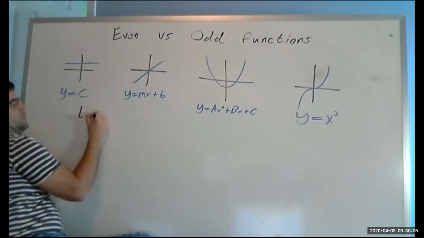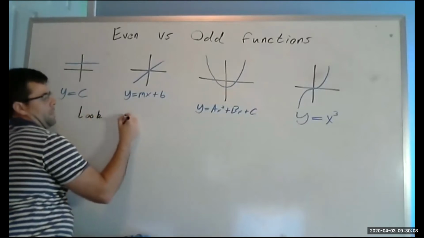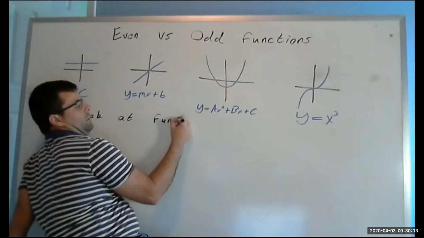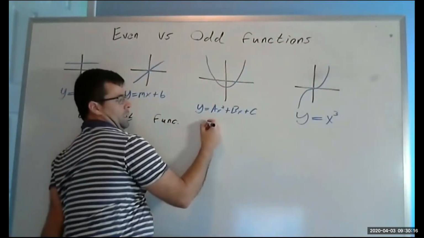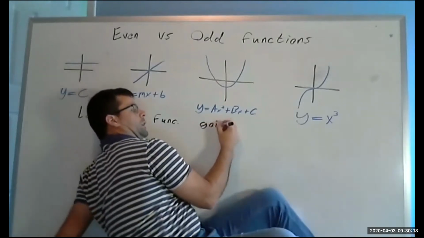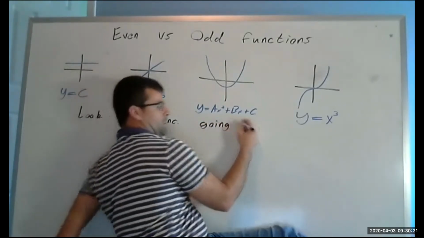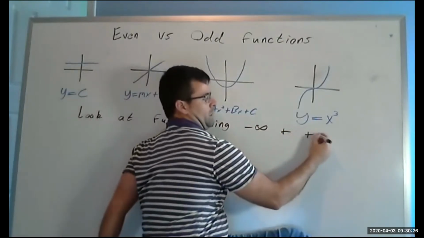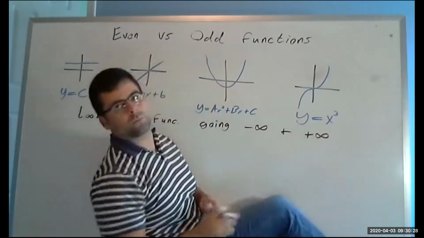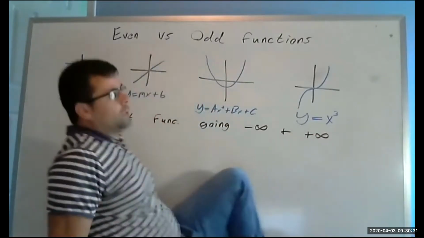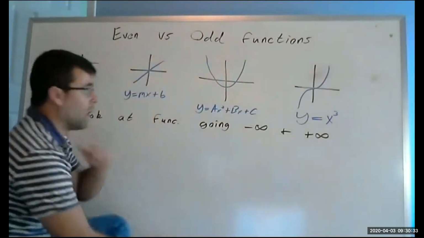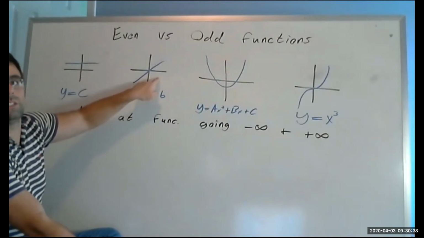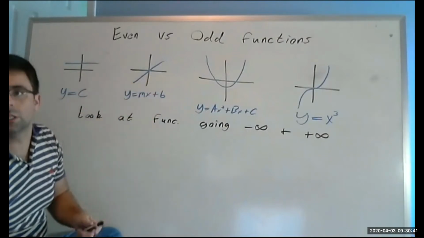So look at the function going to negative infinity and positive infinity. So let's take one that we know very well, the line. What is this thing doing?